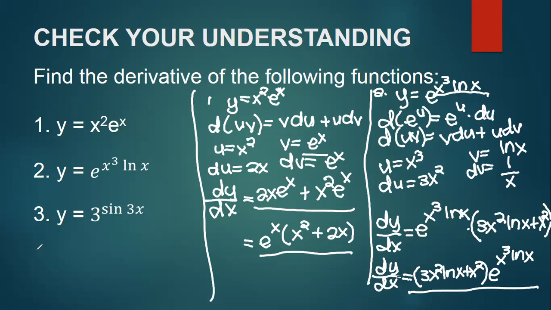Okay, last for number 3. We'll just write the solution beneath the third item. We're going to use the derivative of a raised to u, which is a raised to u times ln of a.